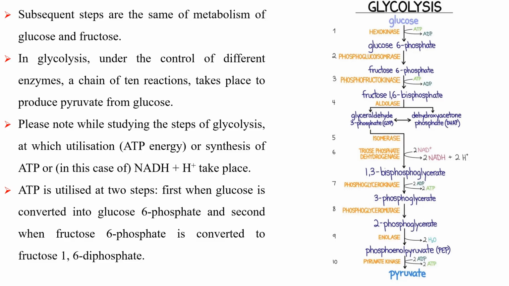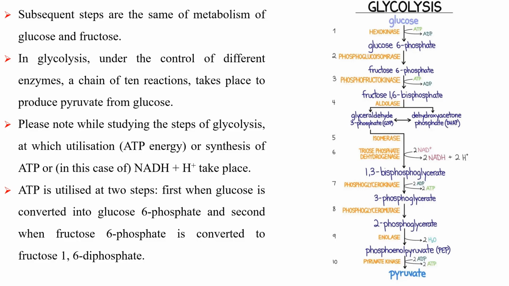In glycolysis, under the control of different enzymes, a chain of 10 reactions takes place to produce pyruvate from glucose. Please note, while studying the steps of glycolysis, the steps at which utilization or synthesis of ATP or NADH plus hydrogen ion takes place. ATP is utilized at two steps.